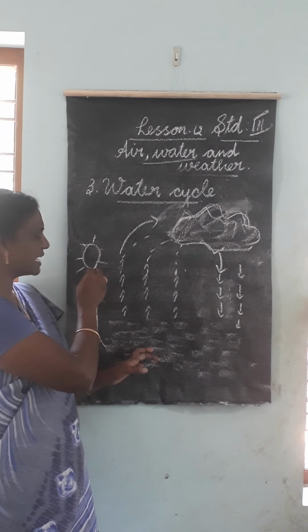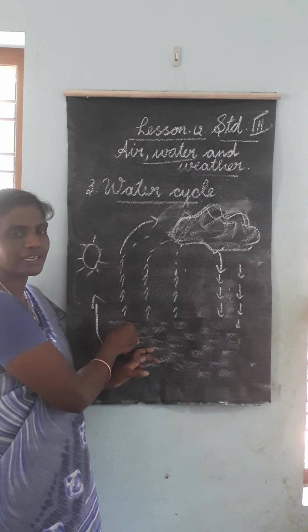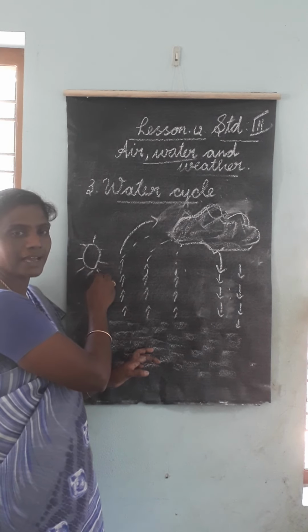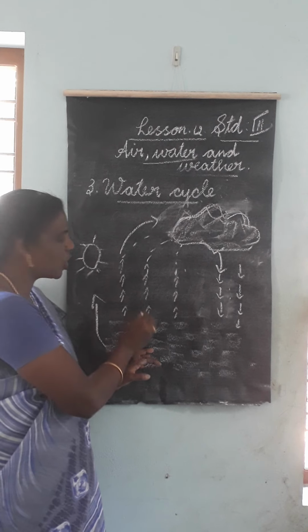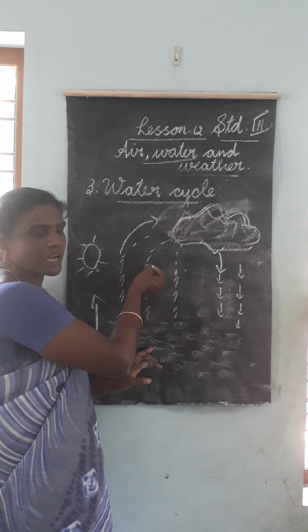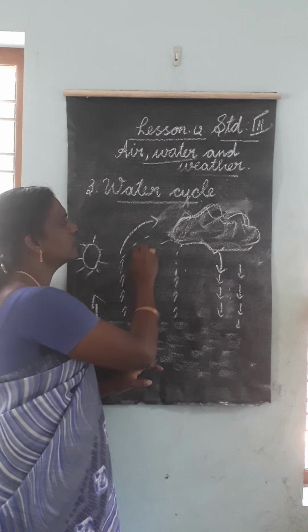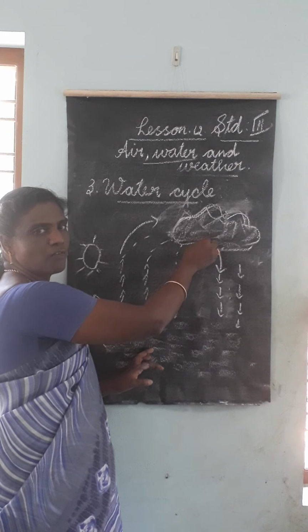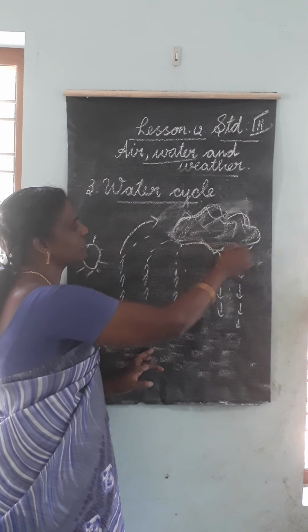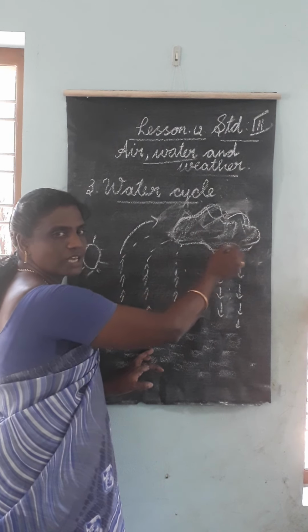This water gets heated by the sun and goes up as water vapor. This water vapor forms clouds in the sky.